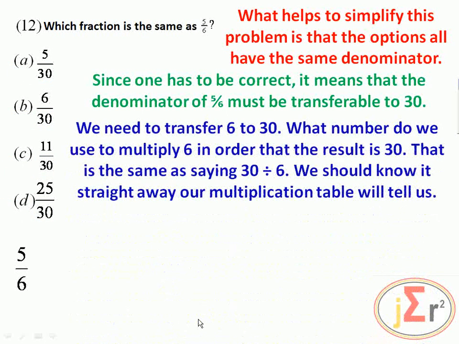We need to transfer 6 to 30. What number do we use to multiply 6 in order that the result is 30? 5. Jerry is saying that it is 5, which is correct. That is the same as saying 30 divided by 6.